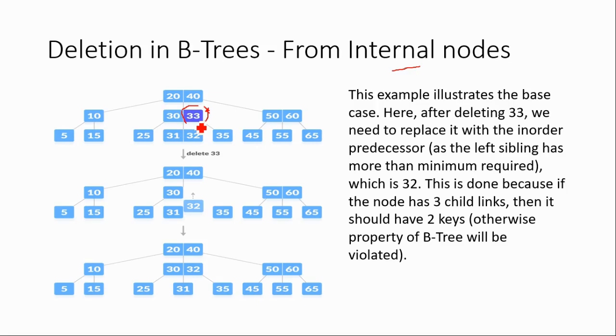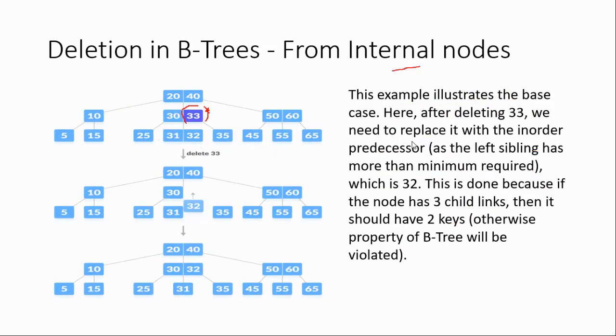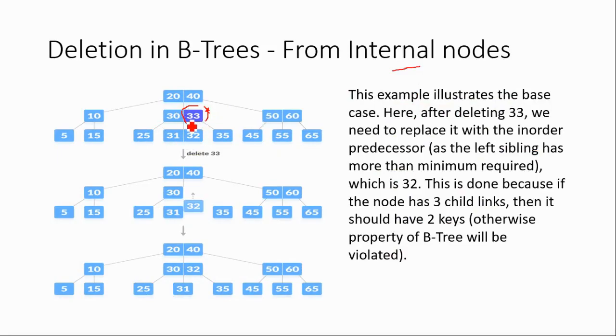Now, as we have learned in the description, if the child that precedes k in the node has more than the minimum required, it means the left side, so it will refer to the left child of that internal node. This particular left child of the element which we are deleting, which holds 31 and 32, has more elements than the minimum which we require.